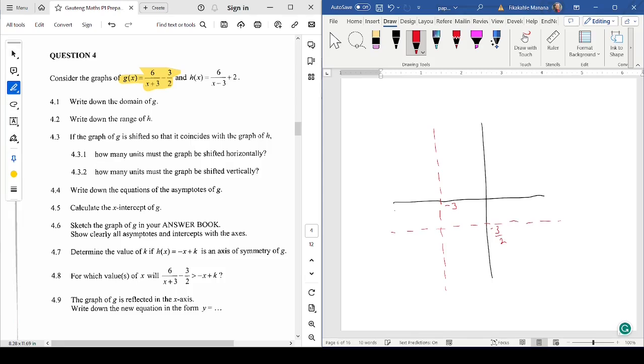So always start with asymptotes, and then for my intercepts now. I have one intercept. Let me just complete the intercept. I have one intercept at a half right there. So positive a half. That's the y-intercept.